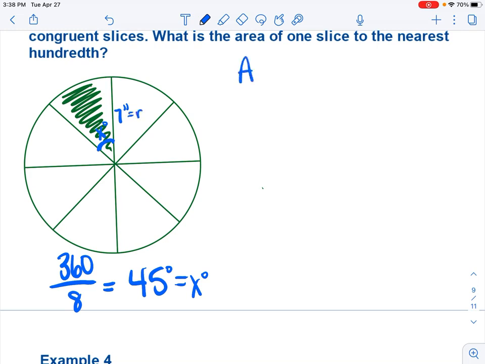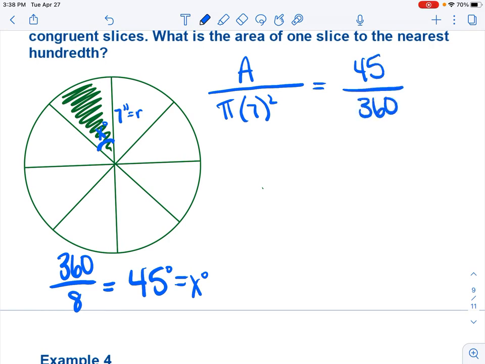So I have the area over the whole area, pi times radius squared, over my degrees, 45, over my whole degrees, 360.